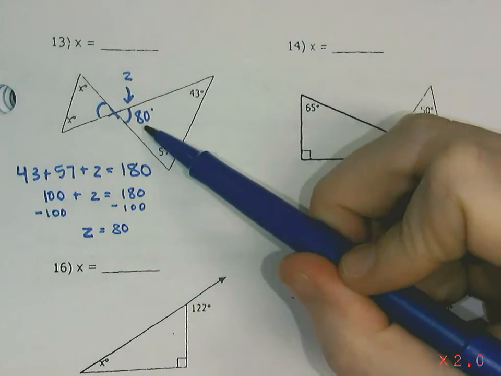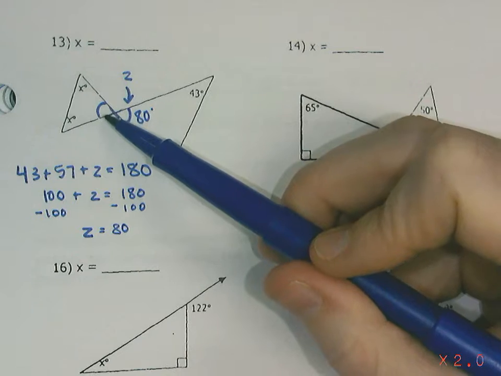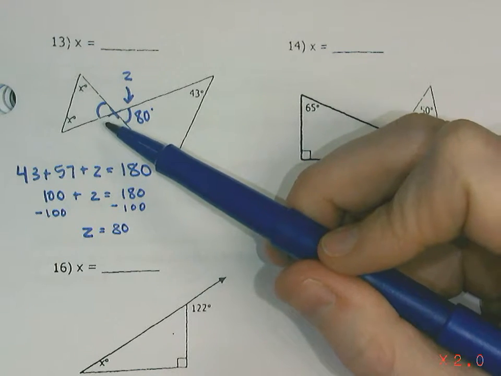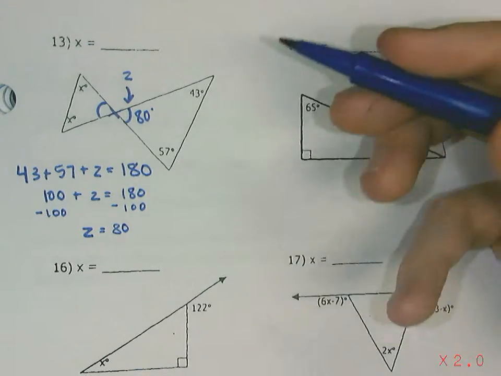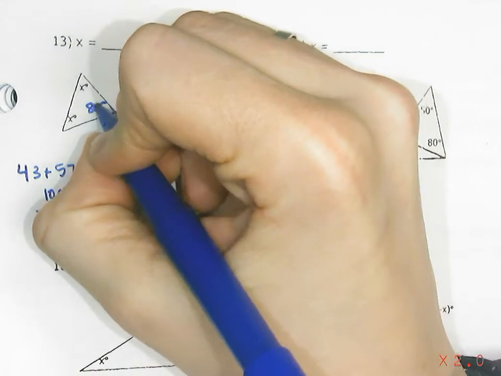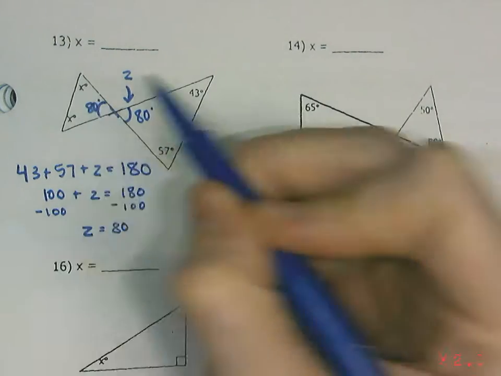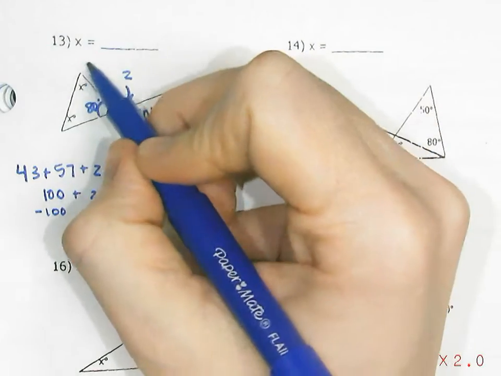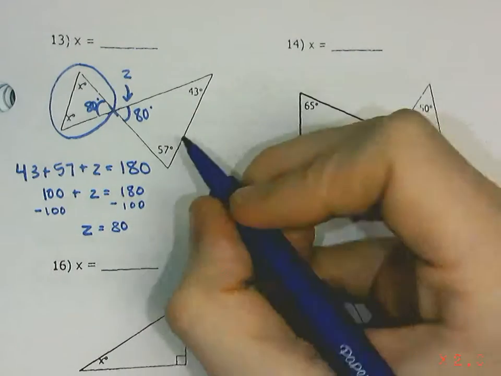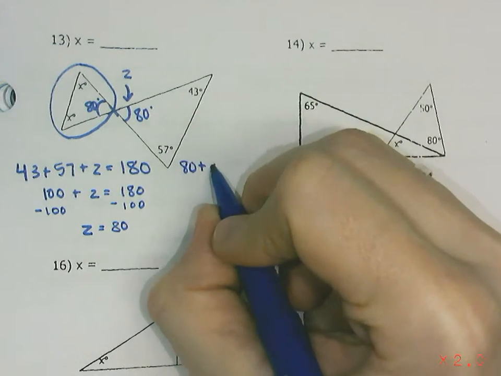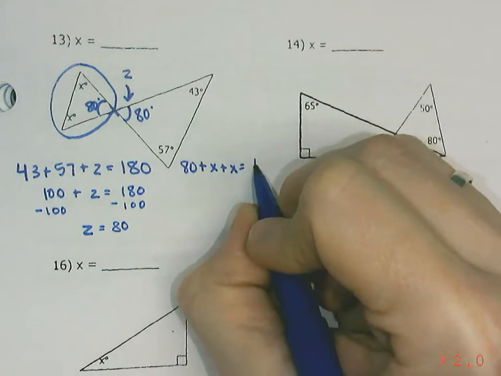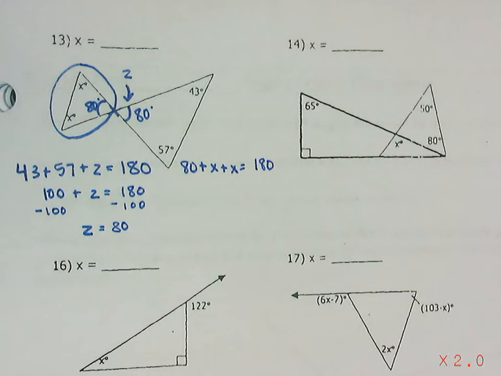If we know that this angle is 80 degrees, then the angle right across from it, the vertical angle, where there's an X in between them, is also 80 degrees. They're exactly the same measurement. So now we can solve for X in this triangle by adding together 80 plus X, and we know that that equals 180 degrees.